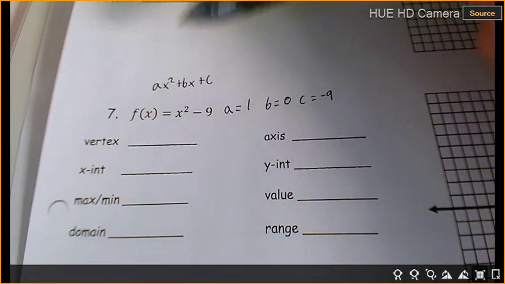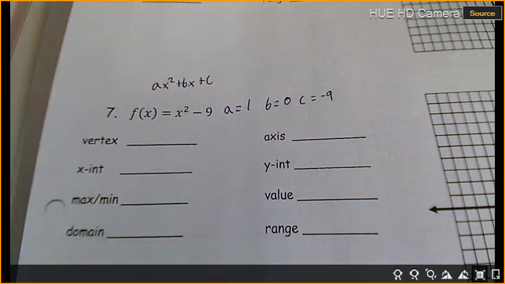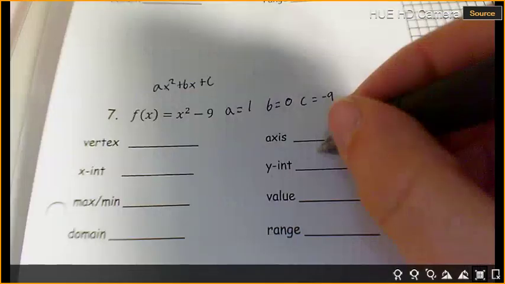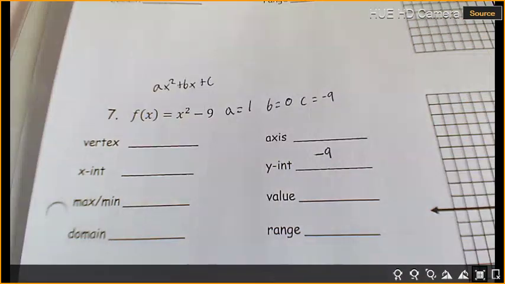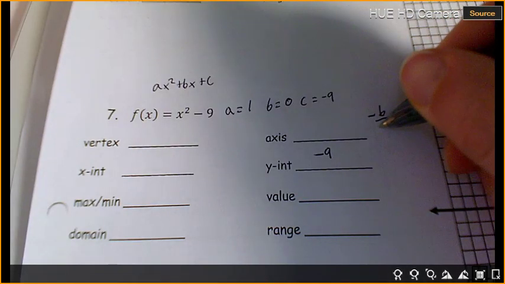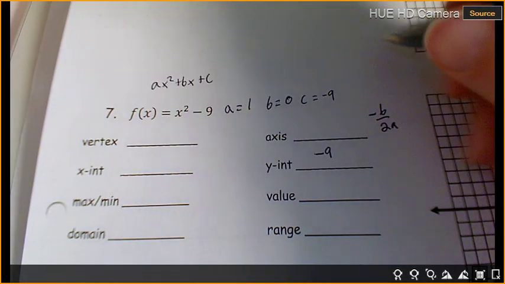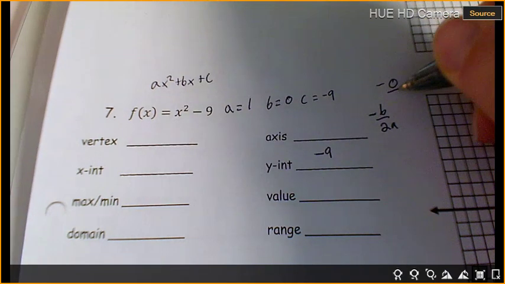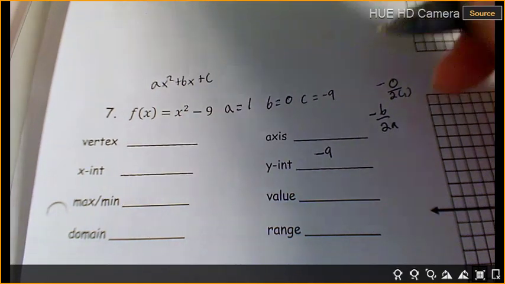So I think the y-intercept is the easiest one to do, because it's always the C value. So the y-intercept is -9. Axis of symmetry, that's the whole -b over 2a. So b is 0. So -0 over 2 times 1 is still 0.